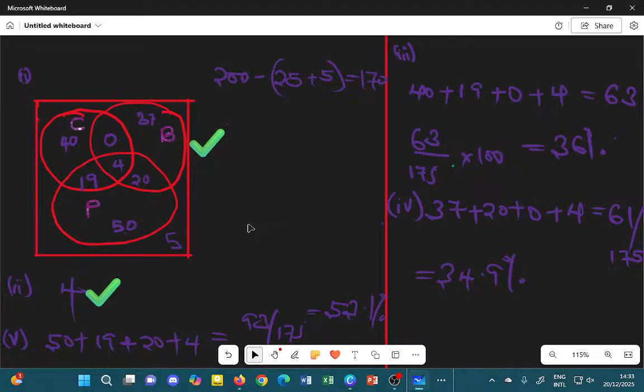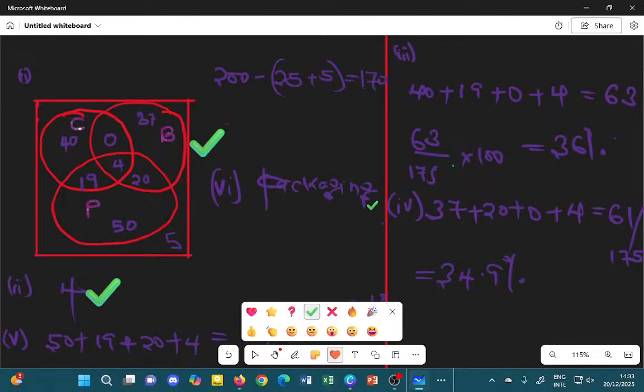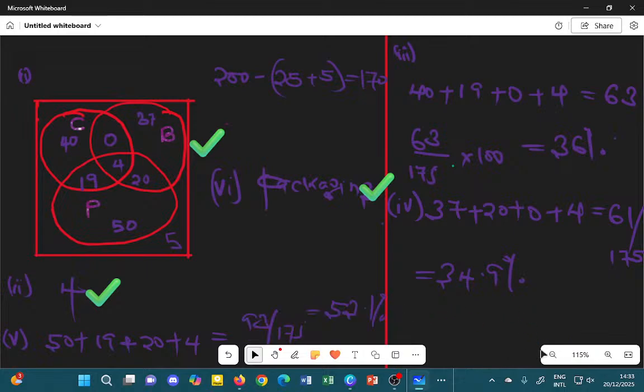So for Roman 6, packaging meets the criteria, and so that is what we pick. And that marks the end of this presentation.